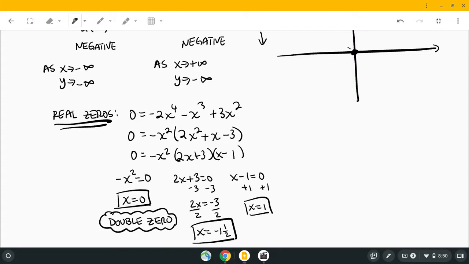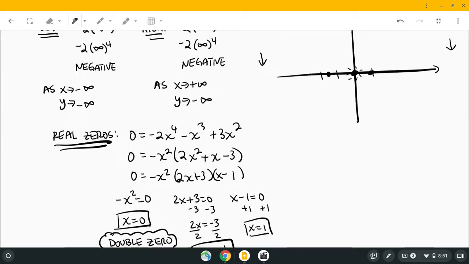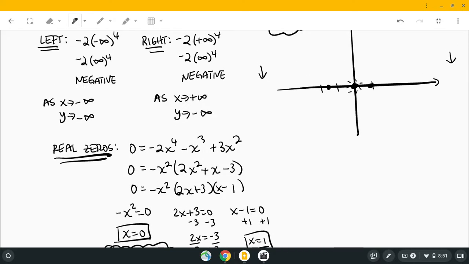This one's a double zero, so I'm going to give it some sparkle. X equals negative 1.5. So we have that one there, and x equals 1. Okay, so here are our zeros. That one at 0 is a double zero.